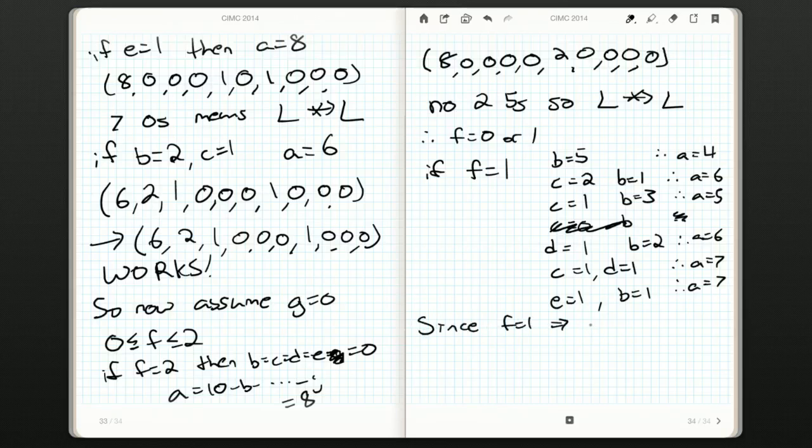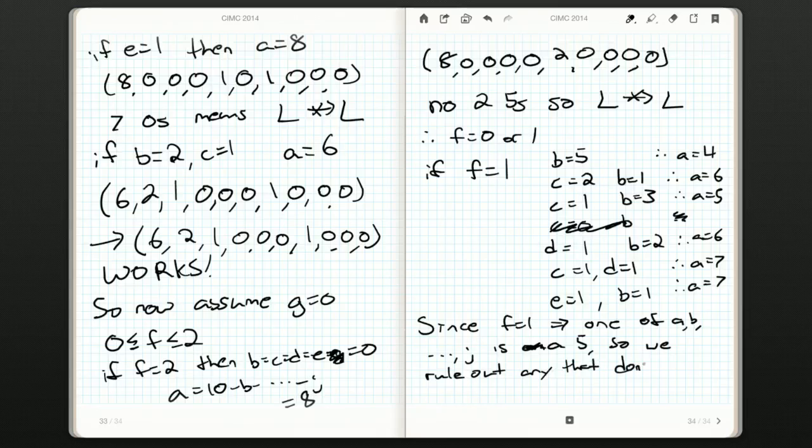Well, F1 tells us that one of A, B, J is a 5. So just this one and this one.